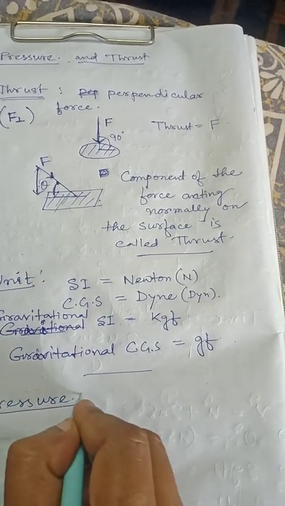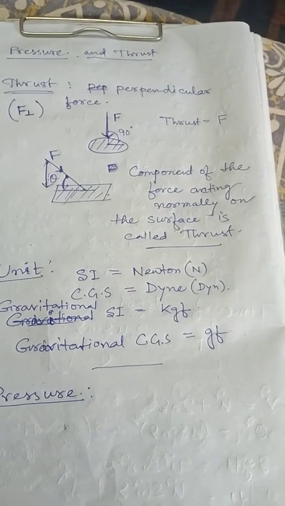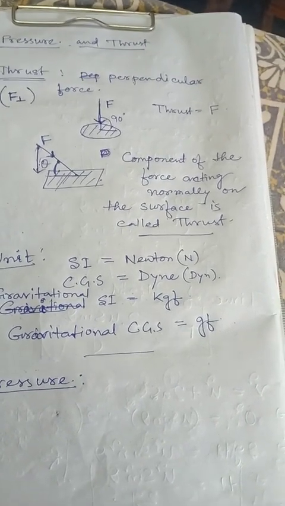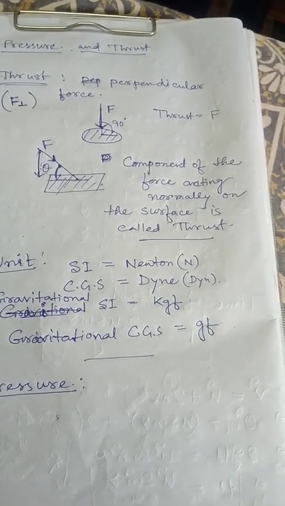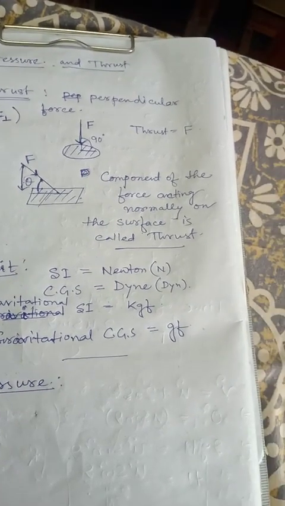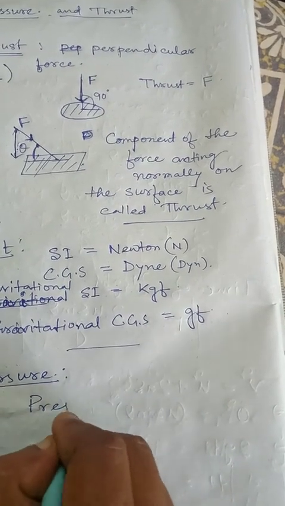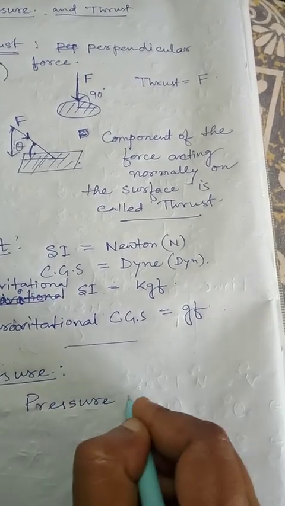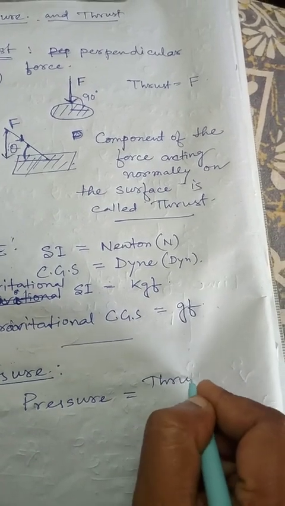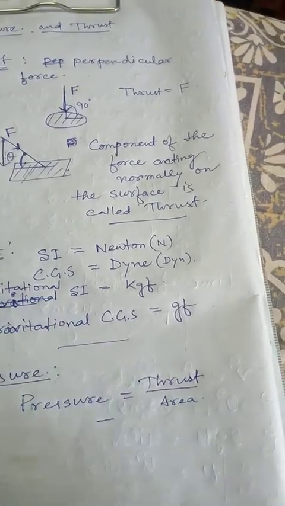Pressure means the value or magnitude of force acting normally on unit surface area is called pressure. That means mathematically we can say that pressure equals thrust by area. So what is the definition of pressure?